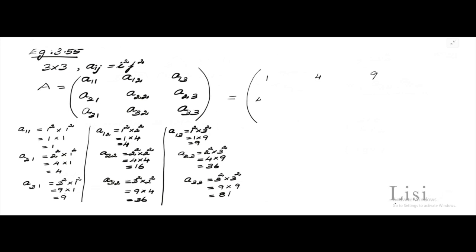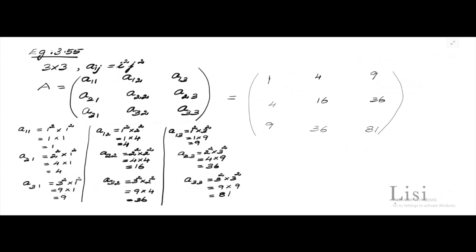And coming over here, this is 4, 16 and here it is 36. And next it is 9, 36 and 81. Right?